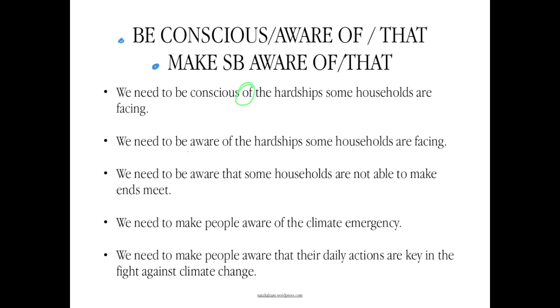Or we need to be aware of the hardships that some households are facing. If you want to use a sentence after aware, that's perfectly possible. And you could say, we need to be aware that some households are not able to make ends meet.